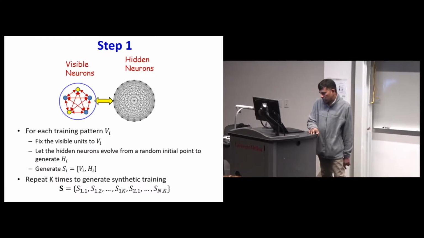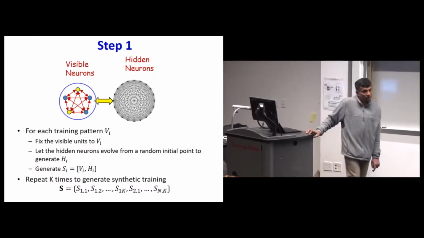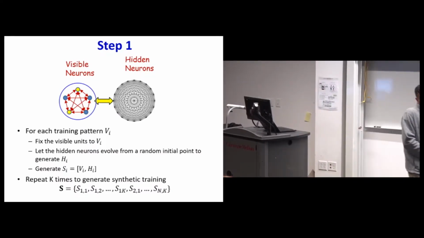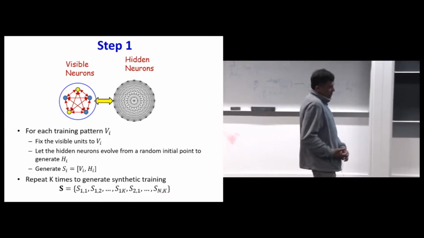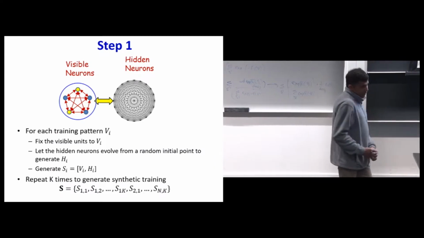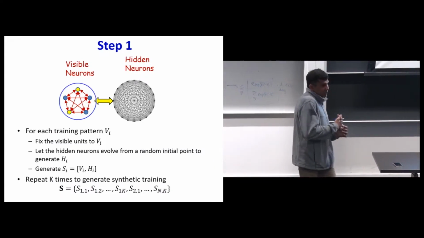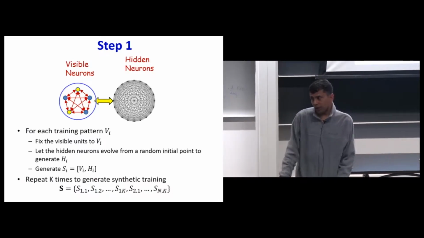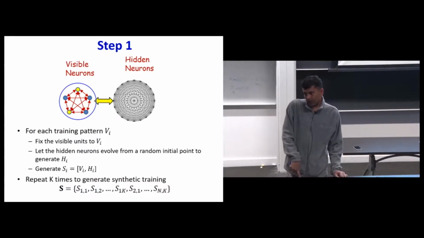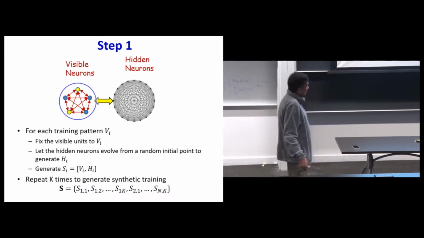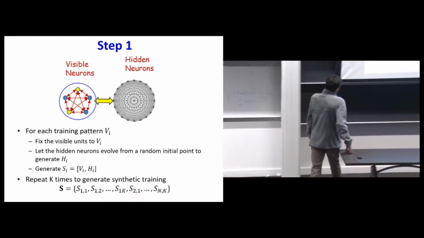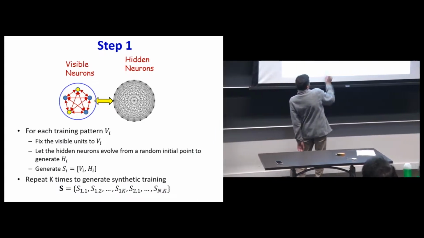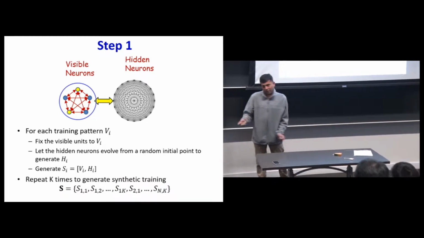So instead of explicitly summing over all of the terms, you can actually just sample. For each training pattern, you can let the hidden neurons evolve, and each time it evolves, it gives you a hidden pattern. You take a snapshot, and I can append the snapshot of the hidden values to the visible values to get a completed pattern.